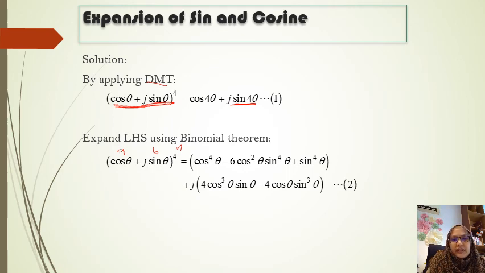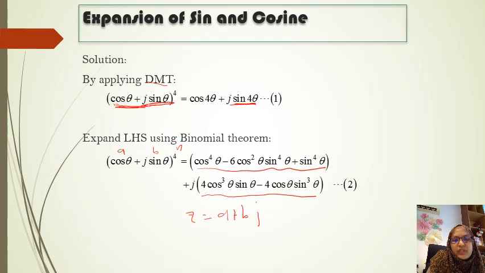So you separate the terms with no j and the terms with j, meaning you separate in standard form, z equals A plus B j. Next, we want j sine 4 theta.